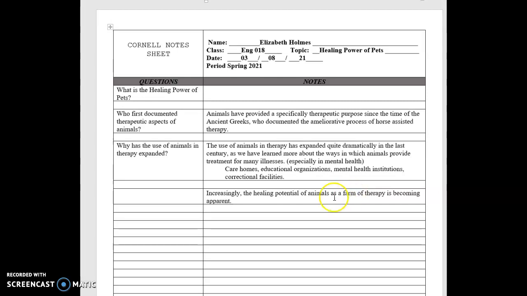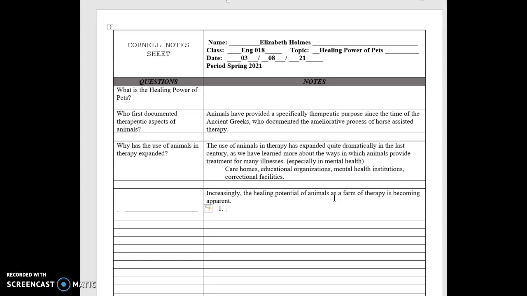Now I have numbered how it's becoming apparent, okay, as my major supporting details. So I want to capture that in these notes. Okay.